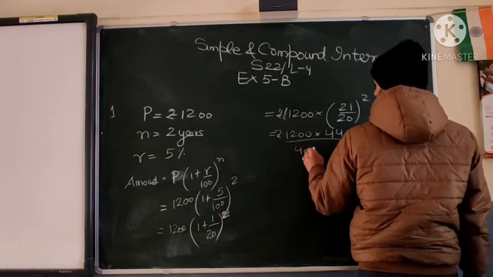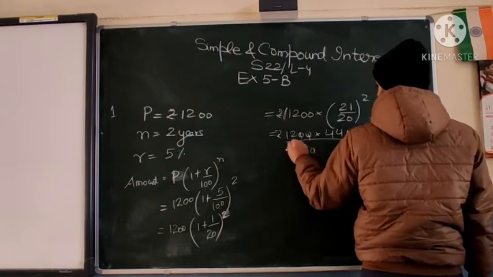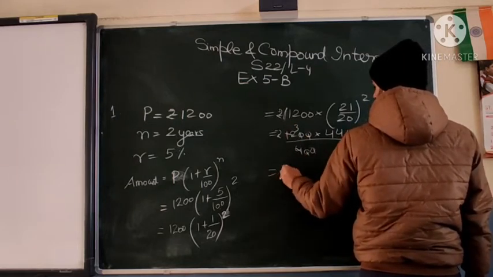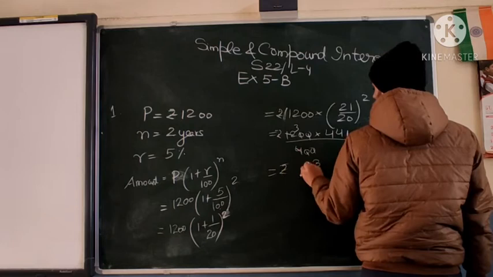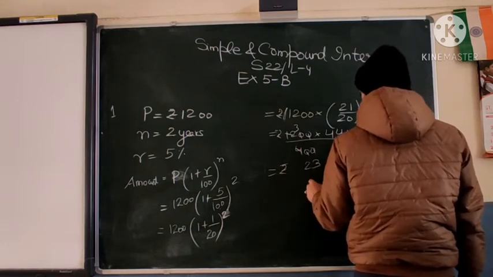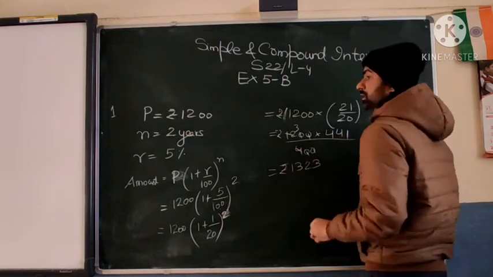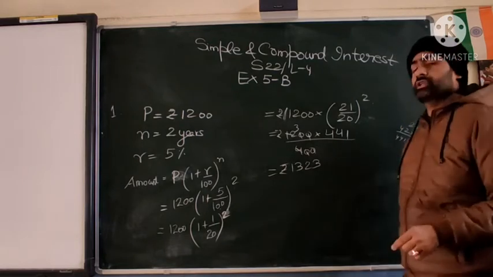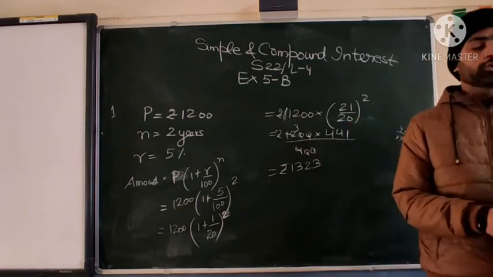On 400, do the 3 times 441, 1323. The amount is rupees 1,323.